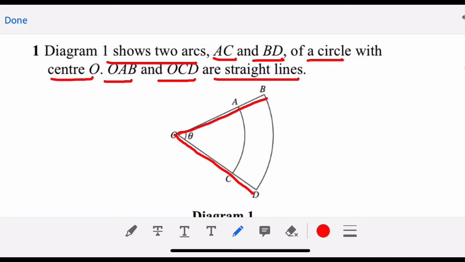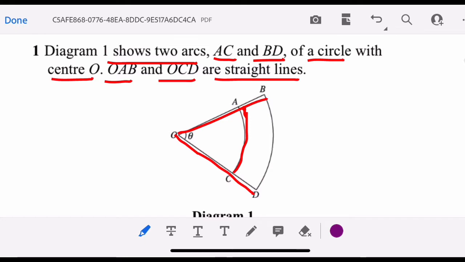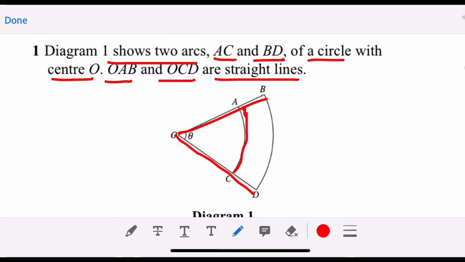When you do a question like this, you must know that this is a sector. We have an arc length here, so we always find the arc length and highlight it with a color pencil, with the corresponding radius.